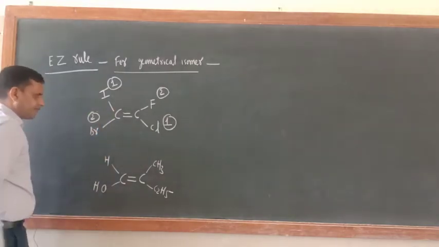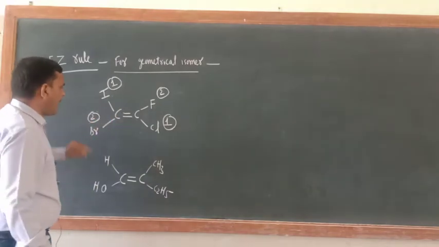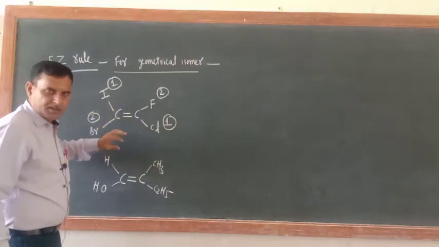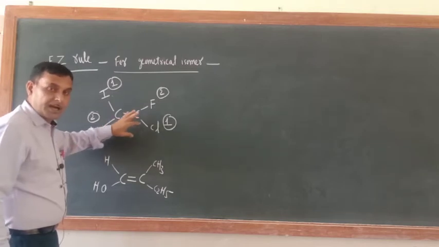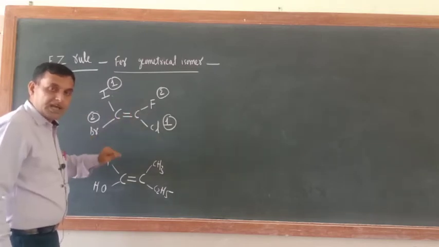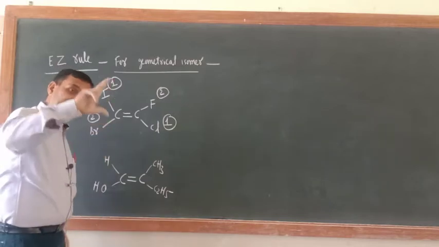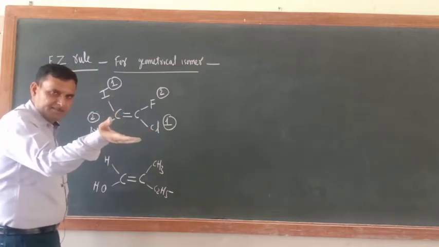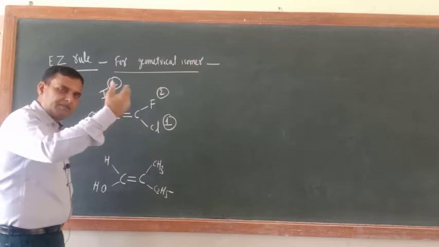Now just see, this is the condition. After assigning the numbers to the groups bonded on both carbon atoms, let us see whether the top priority groups are present on the same side or same plane, or in the opposite plane.